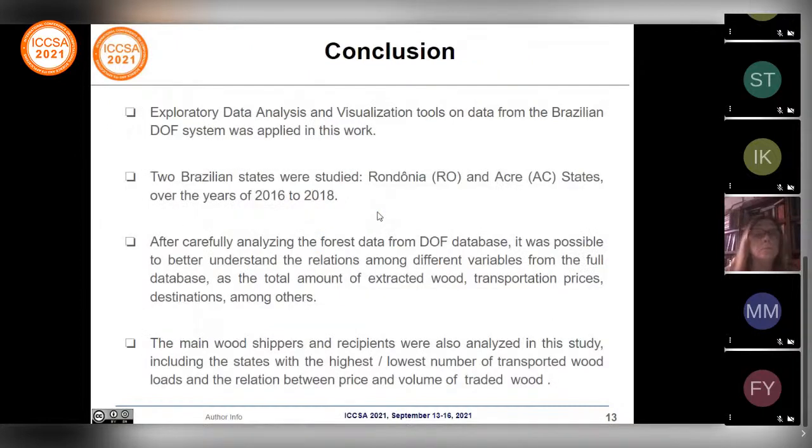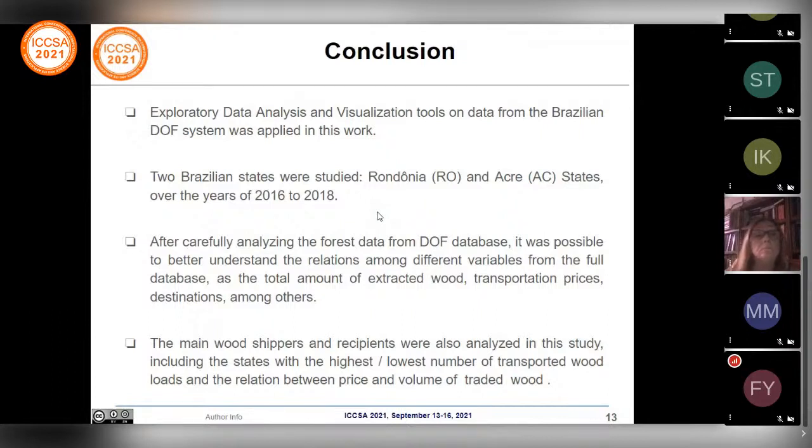Conclusion: exploratory data analysis and visualization tools of data from the Brazilian DOF system were applied in this work. Two Brazilian states were studied, Rondônia and Acre, over the years 2016 to 2018.